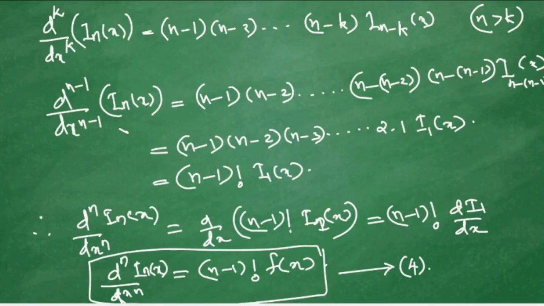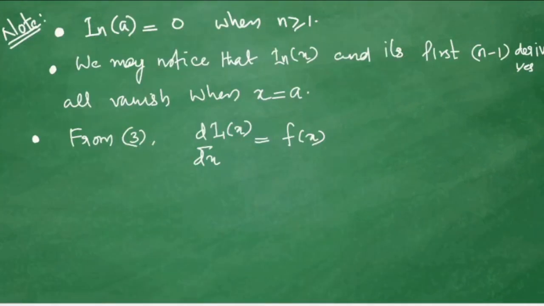Now we may notice some observations. We have I n of x equal to 0 for all n greater than or equal to 1 when x equals a, or I n of a is equal to 0. And one more thing we may notice is that I n of x and its first n minus 1 derivatives all vanish at x equal to a.